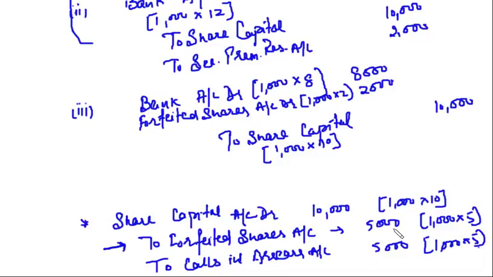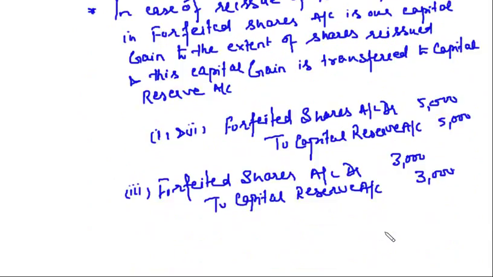Your capital is complete. What is left in pocket 2? Out of 5,000 rupees, you take out 2,000 rupees. What is left? 3,000 is left in the pocket 2. And I told you, whatever is the money there in the pocket 2, that is your capital gain. So pocket 2 is your capital gain. 3,000 is left. So in case of discount, the forfeited shares account to capital reserve 3,000.